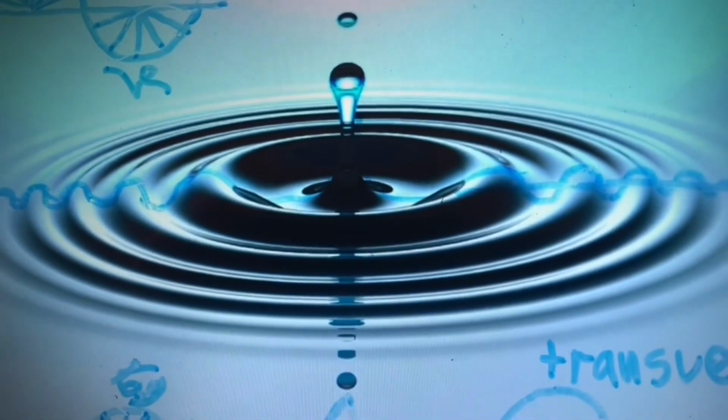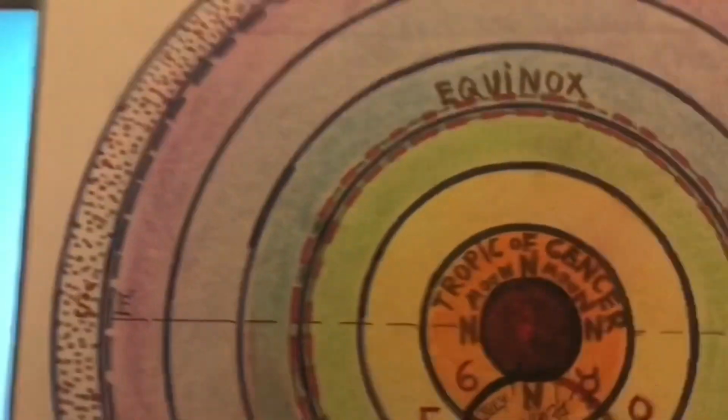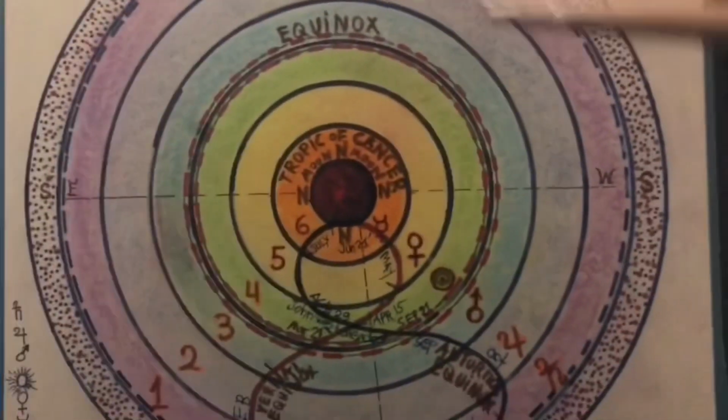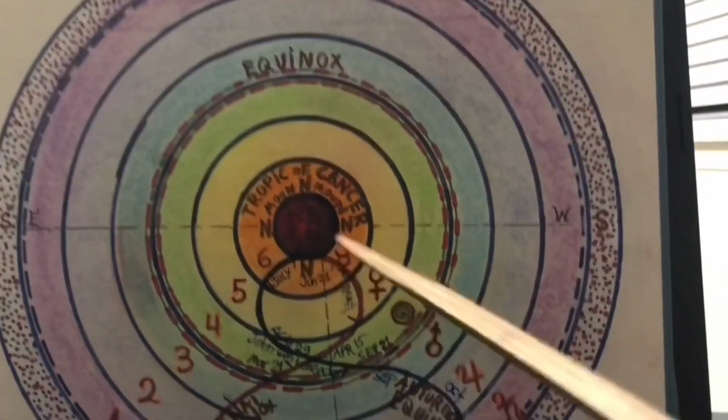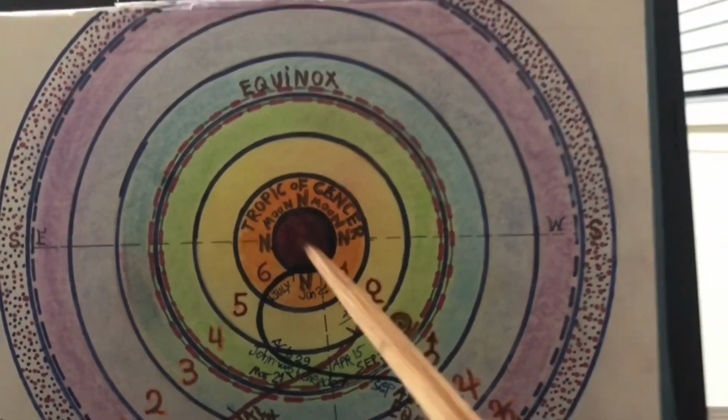Even in top view, I have a drawing here which is basically the same thing, but from the top, the middle of that ripple effect.